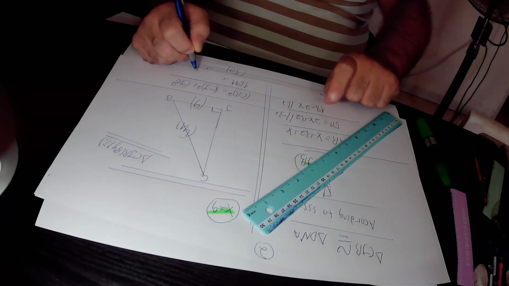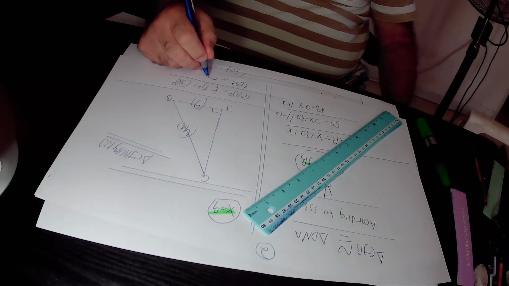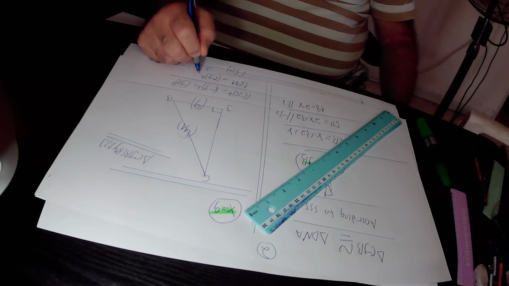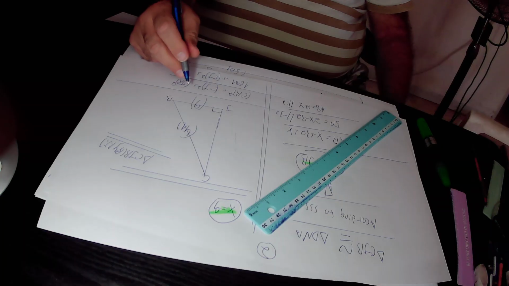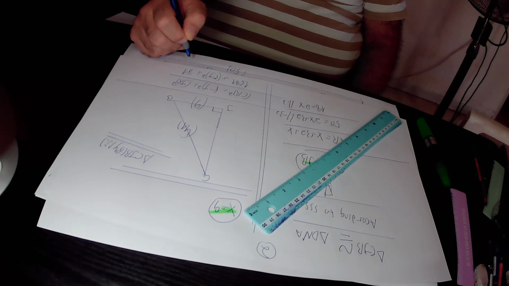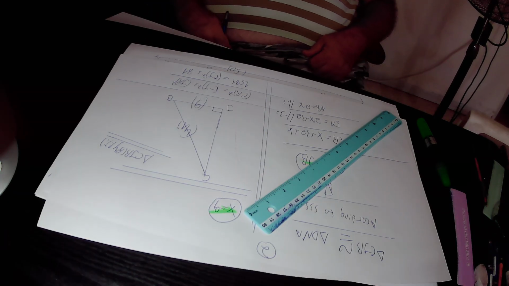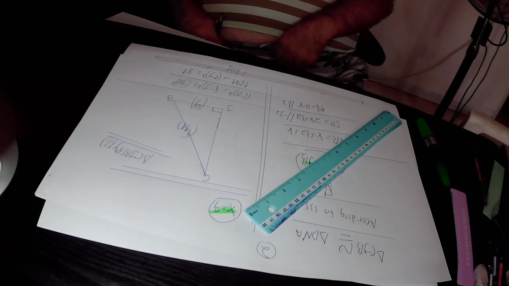It is equal to CJ squared, since CJ is the missing side, so we leave it as it is, plus JB squared. JB is 9, therefore JB squared is 81. So in total, 1681 equals CJ squared plus 81.